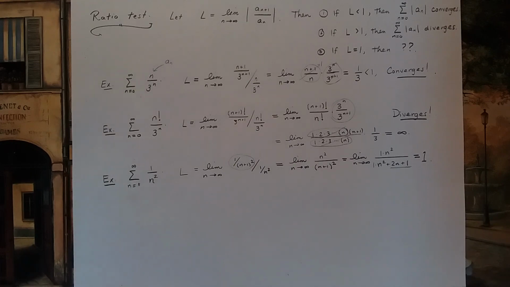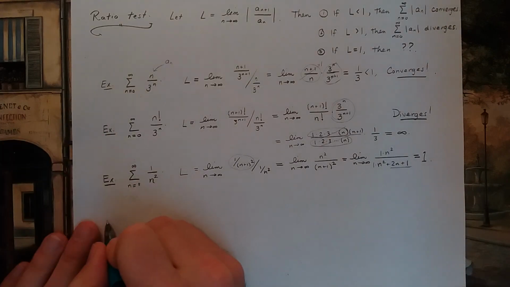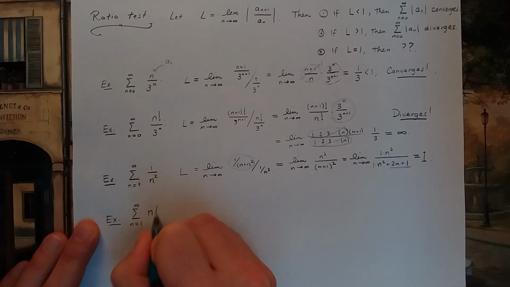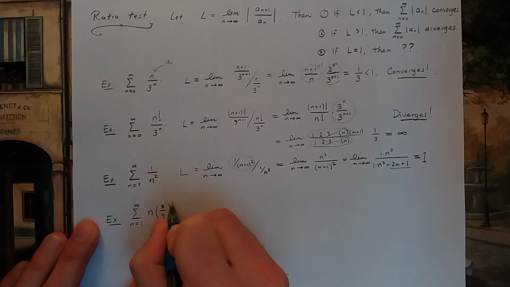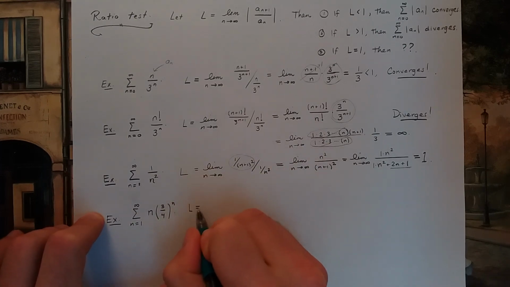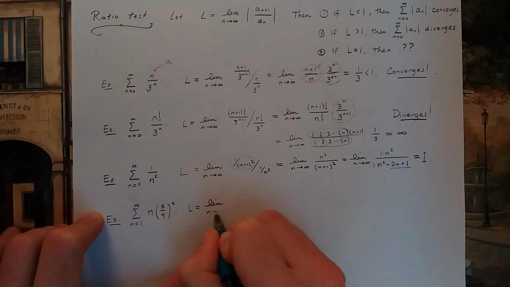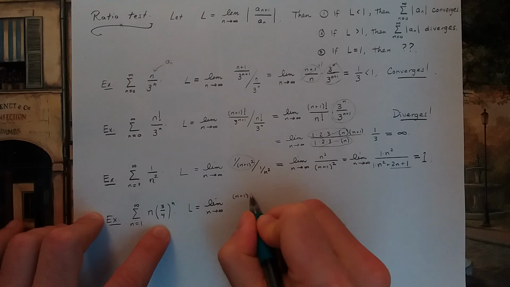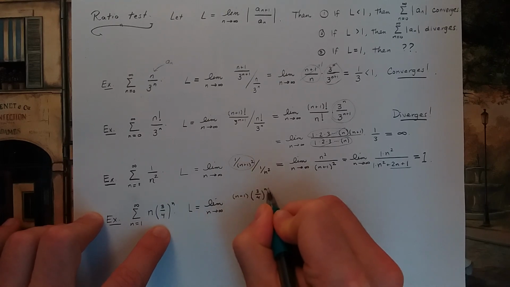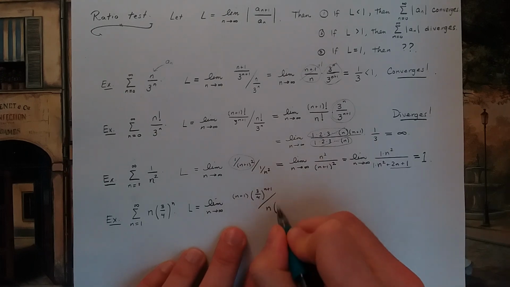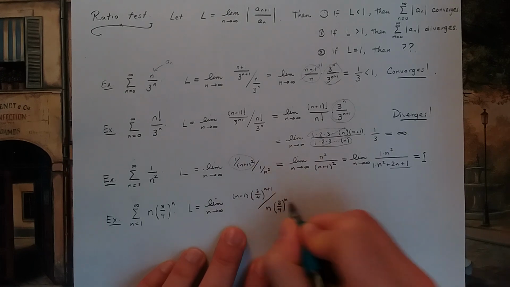Okay, let's do one final one. How about this? What if I did the sum n going from 1 to infinity of n times 3/4 to the n power? I'm going to use the ratio test. The limit as n goes to infinity. The n plus first term would be n plus 1 times 3/4 to the n plus 1 power. Divide that by the nth term, so n times 3/4 to the n.